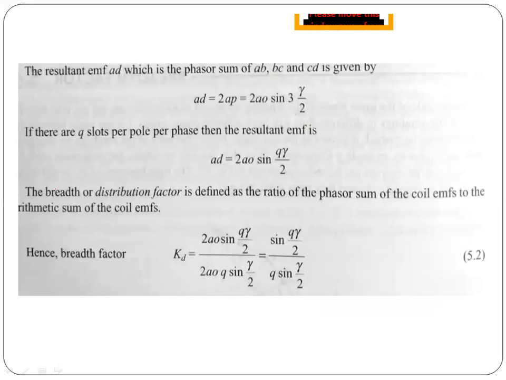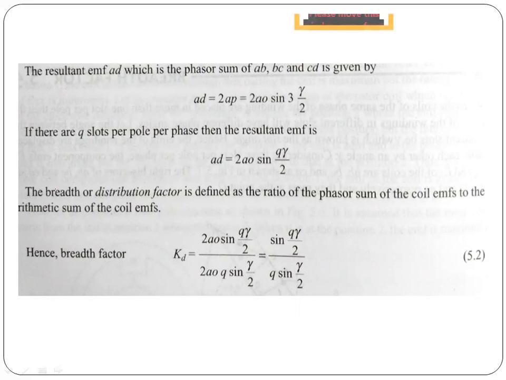The resultant EMF AD, which is a phasor sum of AB, BC and CD, is given by AD equals 2AP, which equals 2AO sine 3 gamma by 2. If there are Q slots per pole per phase, then the resultant EMF is AD equals 2AO sine Q gamma by 2.